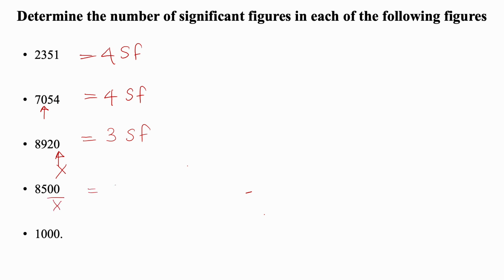So you have only 2 significant figures in this number. In the last number here, you have 1000. So 1 is significant. Since there is a decimal place at the end, these 3 zeros are also significant. Therefore, the total number of significant figures in the number is 4.